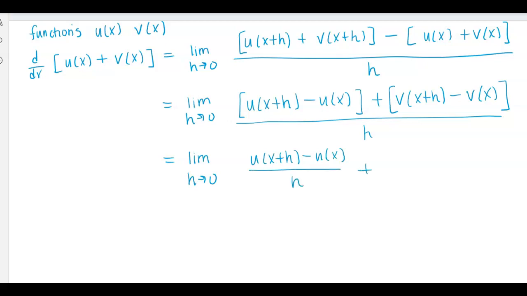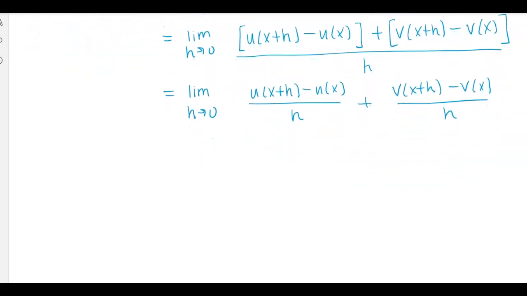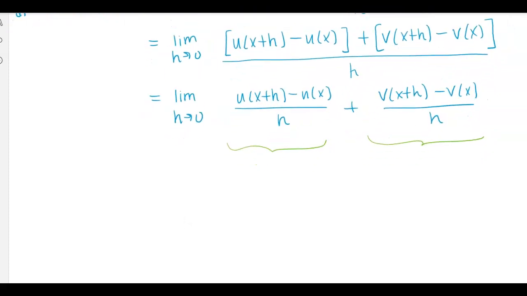So here's the first guy and then the second guy. So then the first one is the derivative of u, and then the second one is the derivative of v. I mean, technically, if we wanted to get technical about it, we should probably do that.